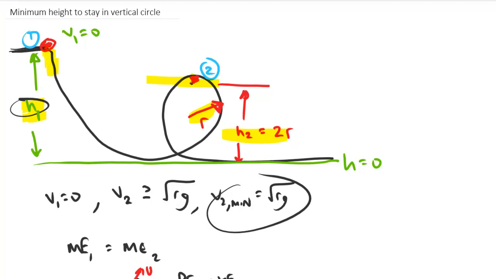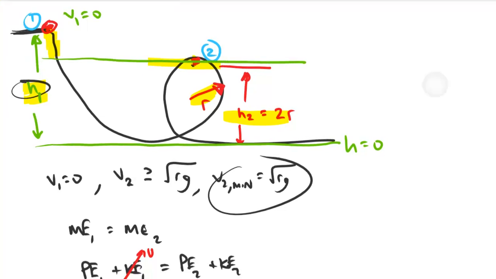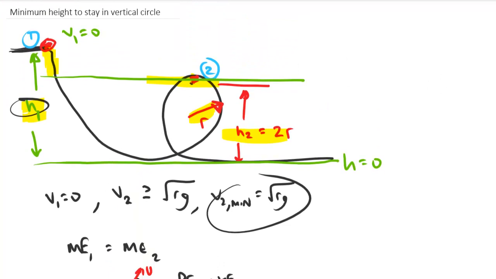If I wanted to, I could have set my datum to be 0 at height 2, and then solved for this new height 1, and that would just be equal to half the radius, 1/2 R. It's relative to where you call your datum equal to 0.